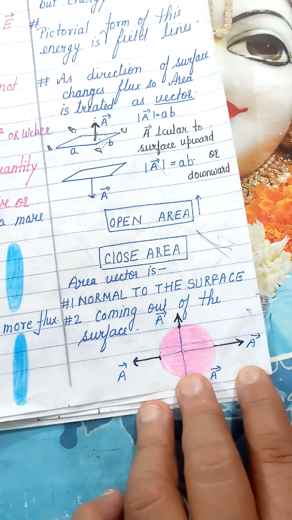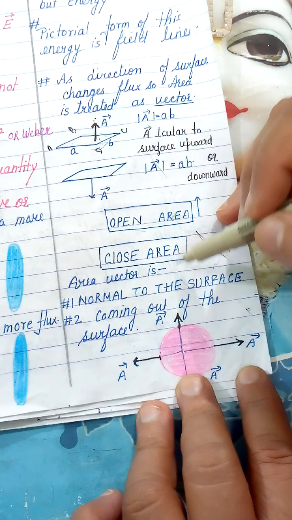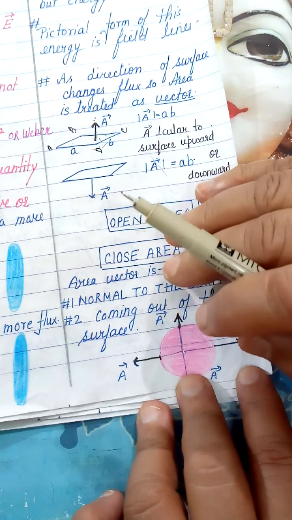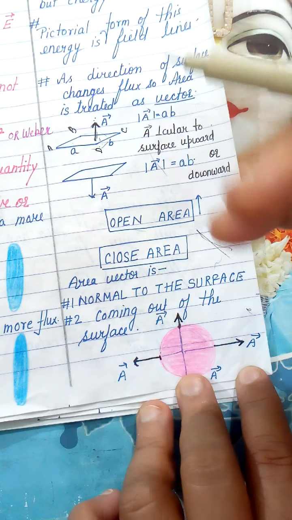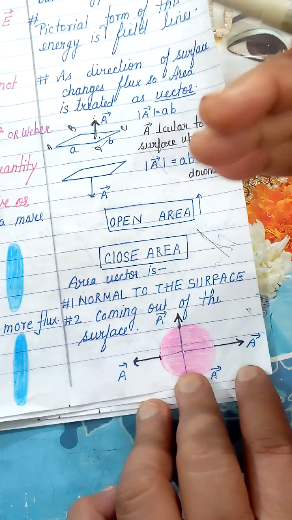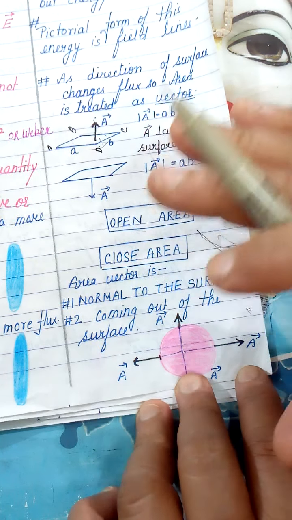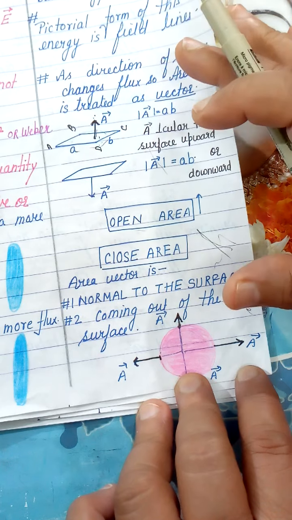Getting it? So area vector for a closed area is always coming out of the surface and perpendicular to the surface. So depending upon the type of area, we have to define our area vector's direction.